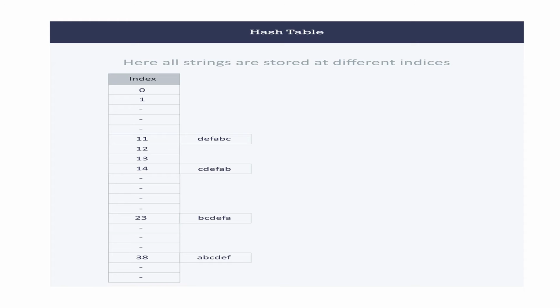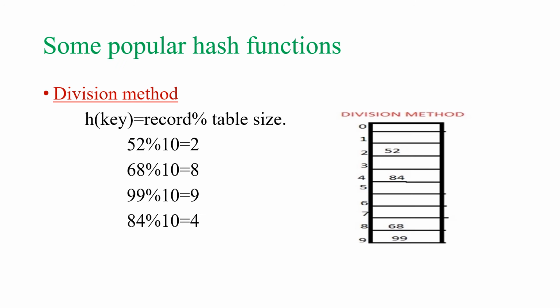So this is a sample hash table where the strings are treated as keys and the string value is converted into the corresponding hash value by using this hash function.